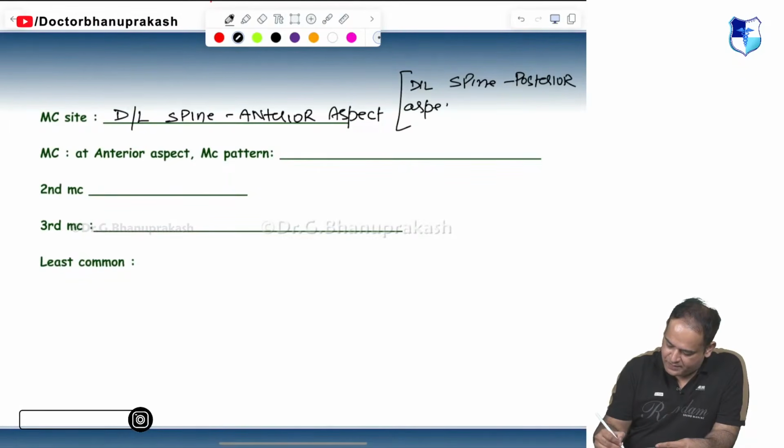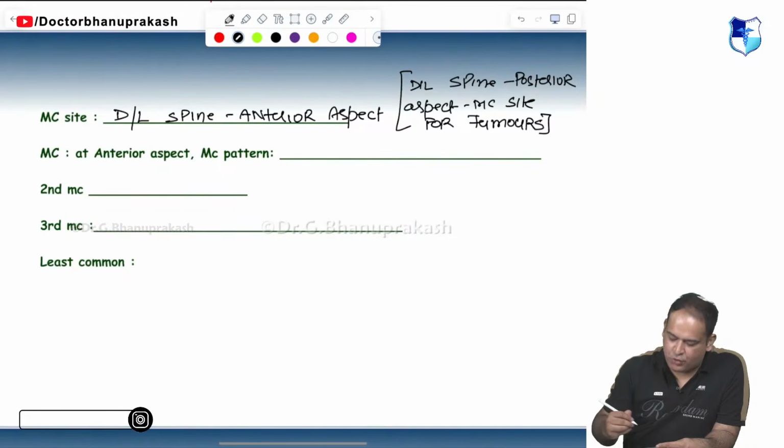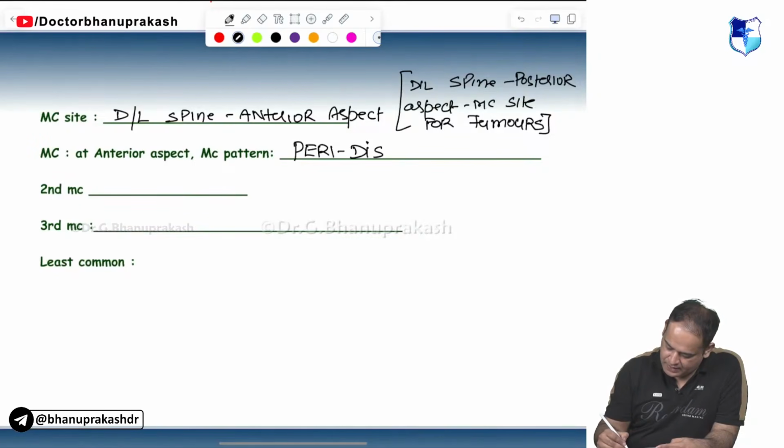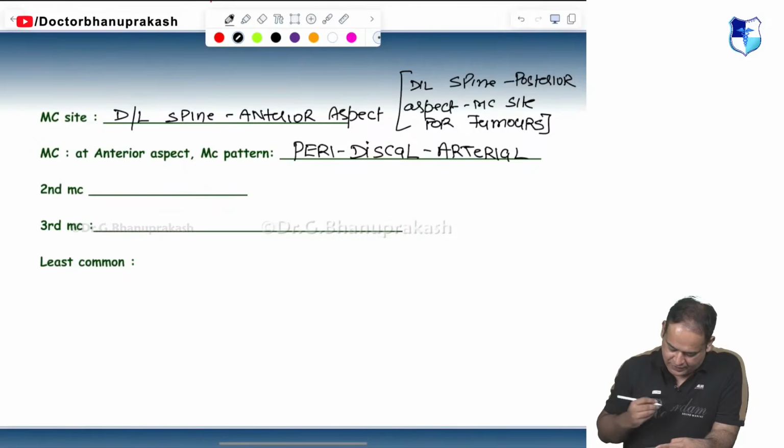Posterior aspect is most common site for the tumors. Coming back to tuberculosis, most commonly seen at anterior aspect, and most common pattern is peridiscal, when the bacteria reach by arteries.